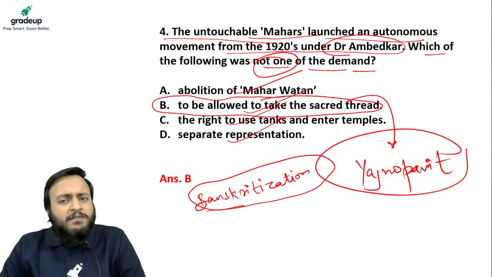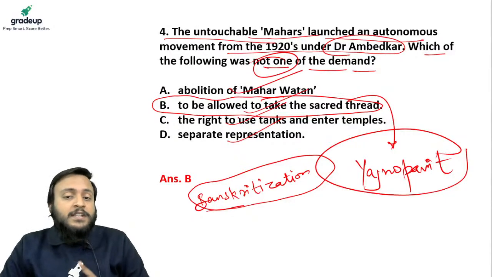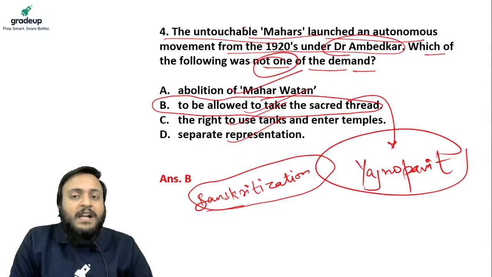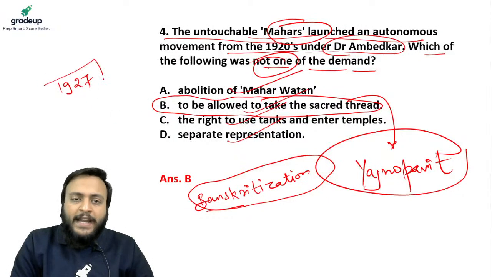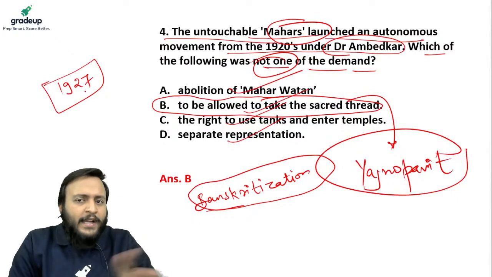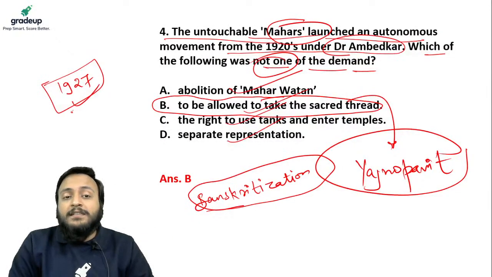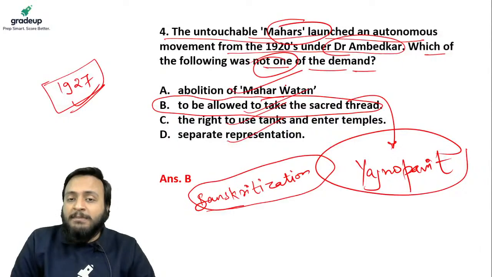Maybe then Brahmins will accept and respect the Mahars, but this did not happen. So then he started the Mahar movement around 1927, not exactly, but around 1927, and that had various demands such as abolition of the Mahar Vatan.